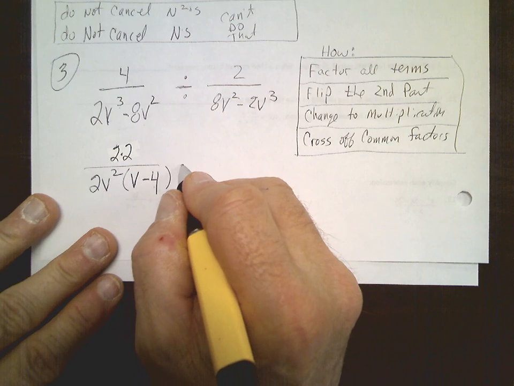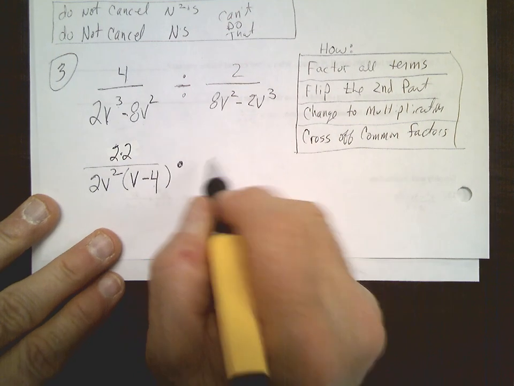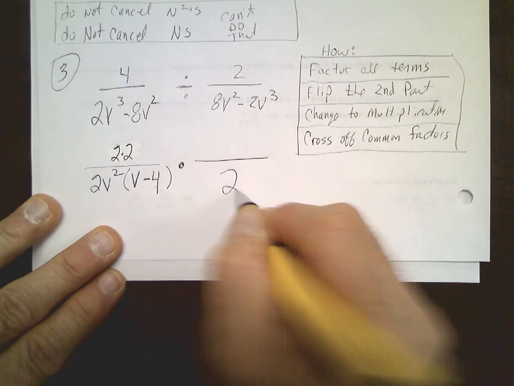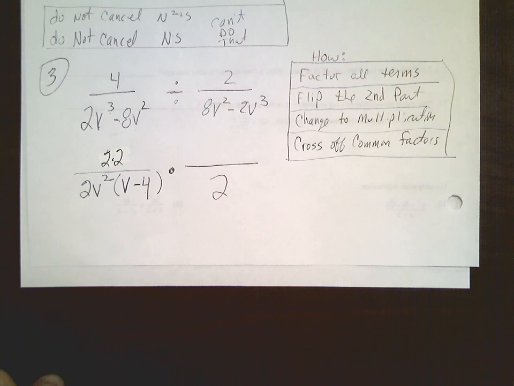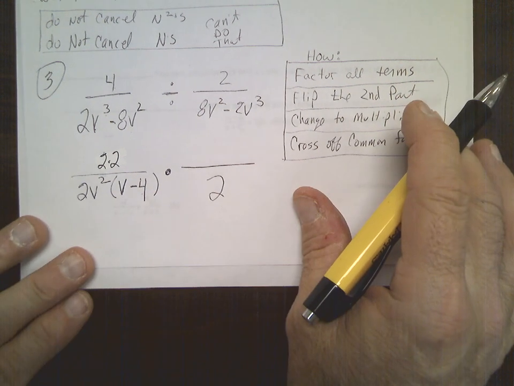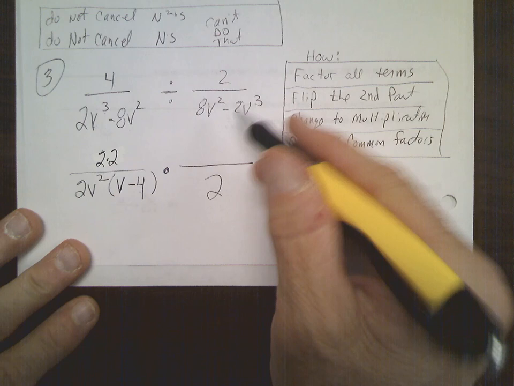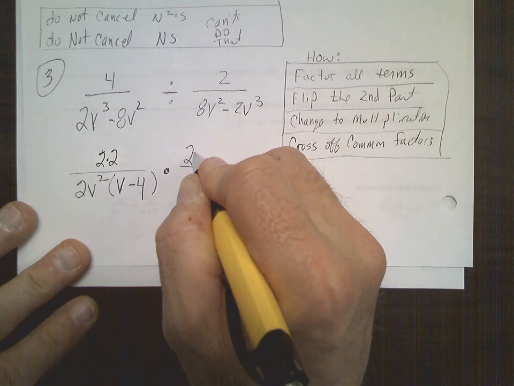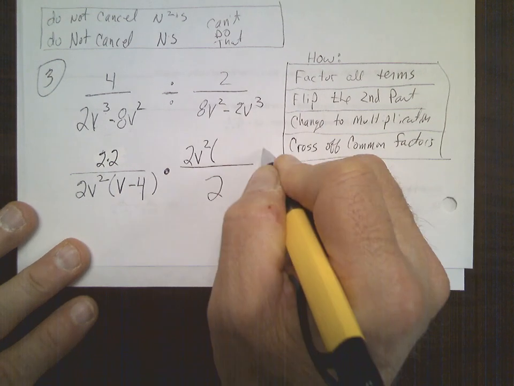We're going to flip. So the 2 goes on the bottom. And back to, sorry, maybe I missed Ava Clark. Can you factor this one? Take out a 2v squared again.